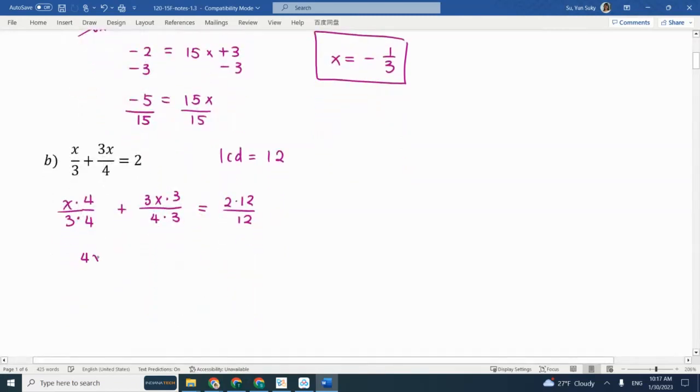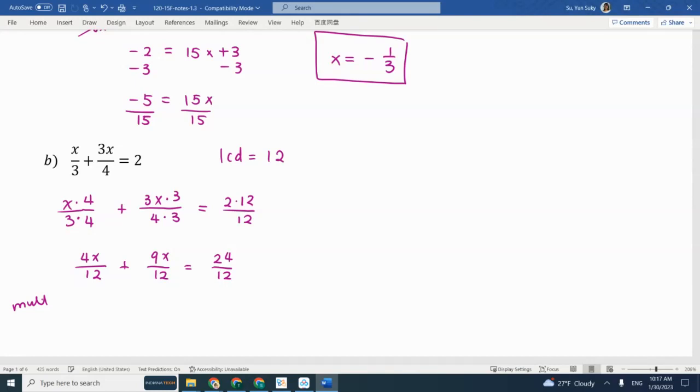Then, this is 4x over 12. Yeah, so usually x times 4, we like to put the coefficient in front of the x, right? So do it as 4x. And then this is what? 9x over 12. And that is 24 over 12. Now we can multiply both sides by 12.